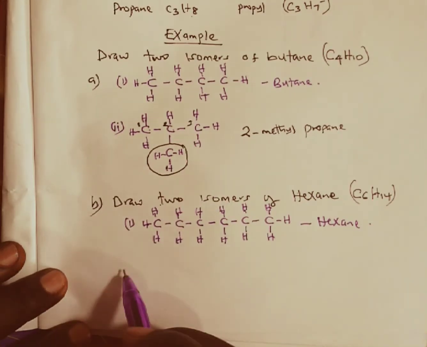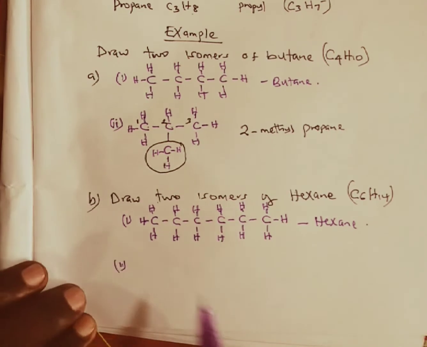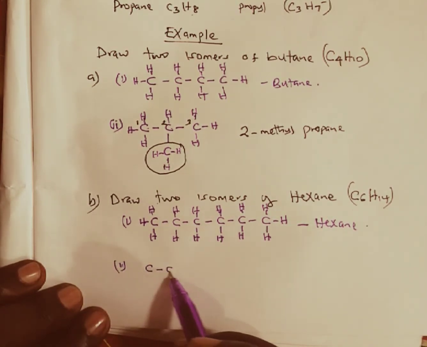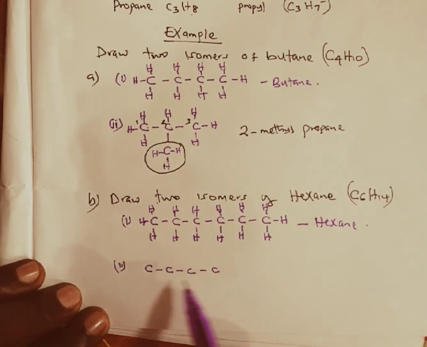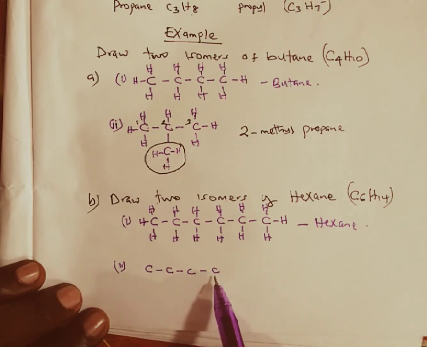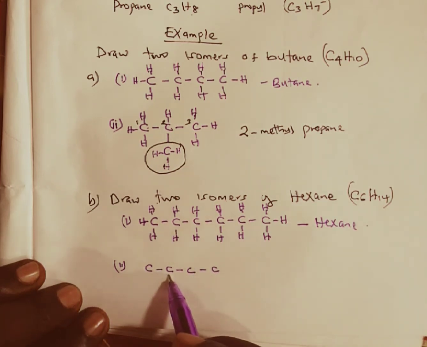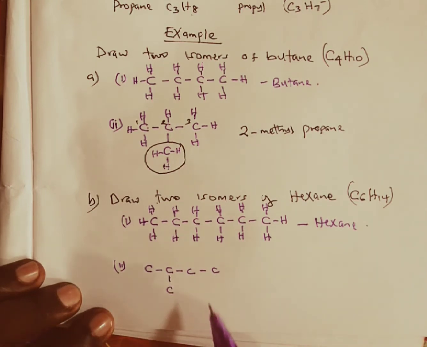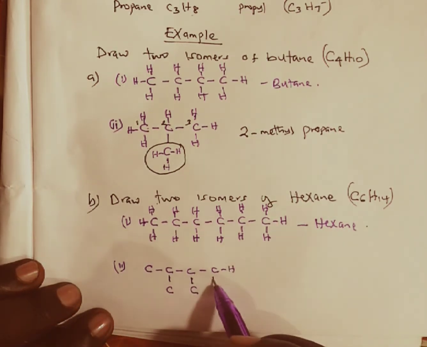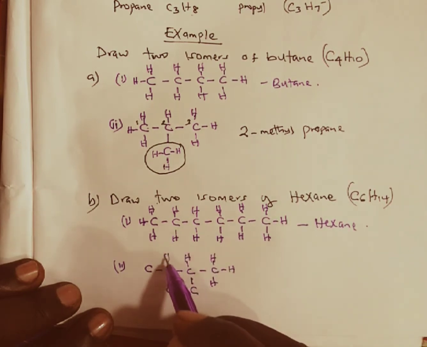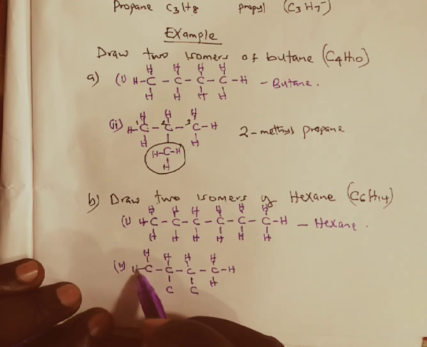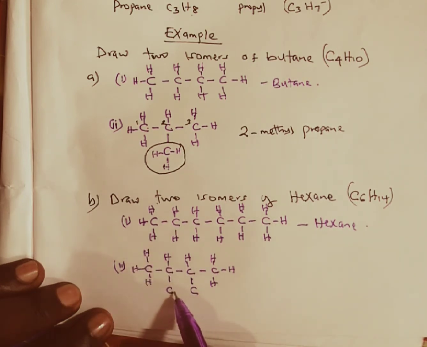Then the second one, now we need to change the structure. So instead of drawing all the carbon atoms, we can decide to draw 4 or 5. Then we can hang the other carbon atoms this way. Now we can feed the number of hydrogens, and if you count the number of carbon atoms, they should be 6, and the number of hydrogen atoms will be 14.